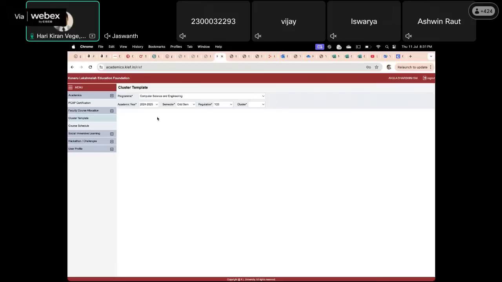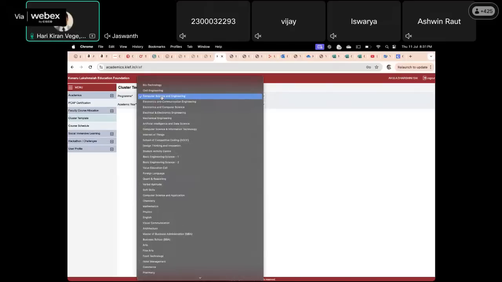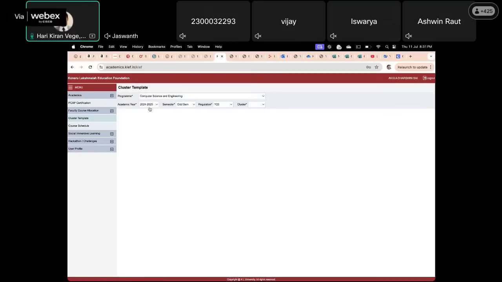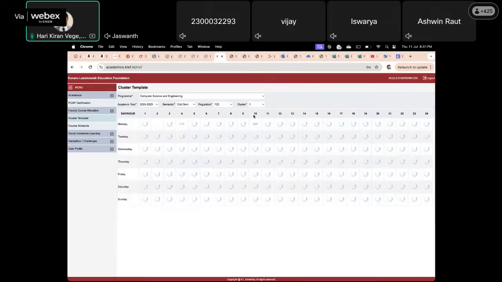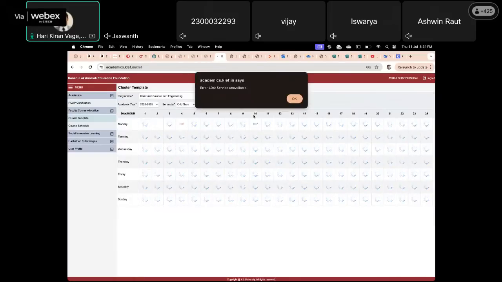If I'm a computer science and engineering student, then I click on computer science and engineering, and that is my program. So computer science and engineering, academic year, odd semester, which regulation? You're a Y23 student. So cluster one, there are only three clusters for you. So that's cluster one.